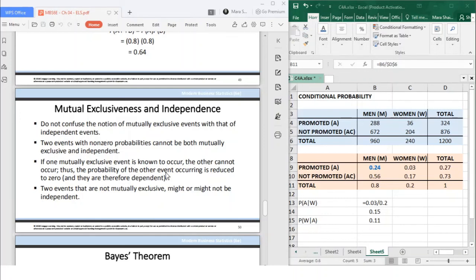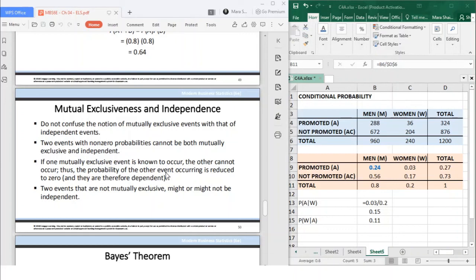If one mutually exclusive event is known to occur, the other cannot occur. Thus, the probability of the other event occurring is reduced to 0. Therefore, they are dependent.